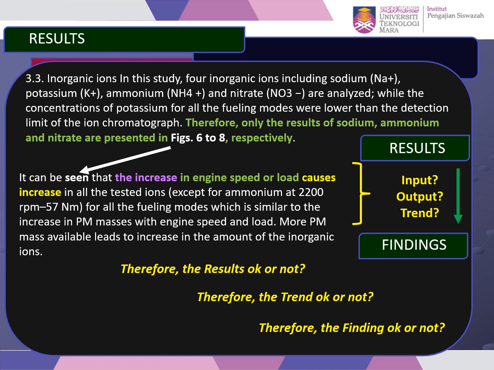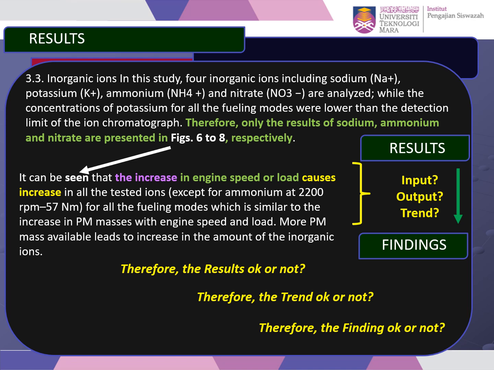So from the results, we can highlight the output or the trends, which you can highlight to become a finding. So once you have the results, you may ask whether the trend or the findings are okay or not.